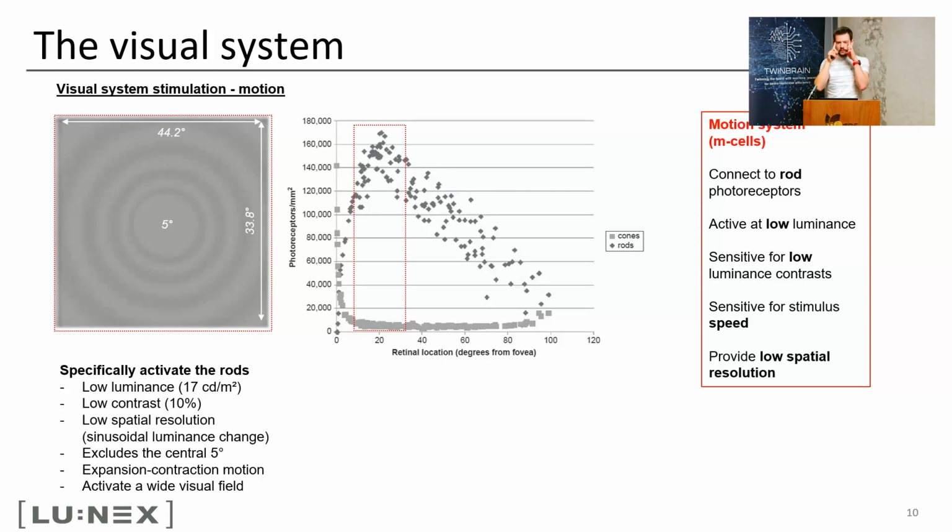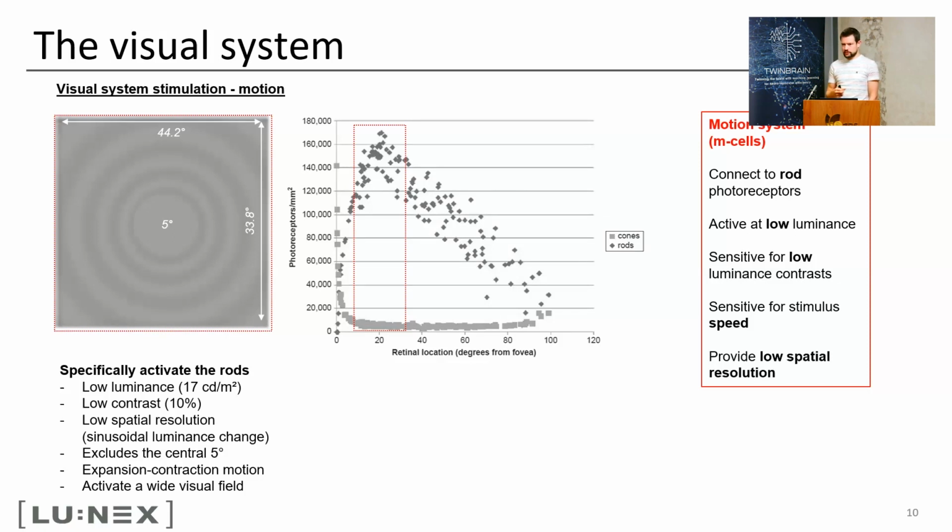While more in the periphery, where we have the M cells, we still have the motion, we still have the circles that are moving. Okay, so again, contributing to a maximum activation of the M cells and a minimum activation of the P cells. And last but not least, we are activating quite a wide visual field.